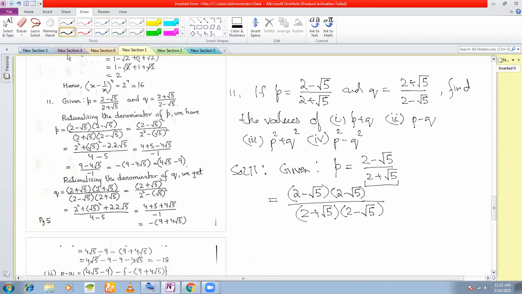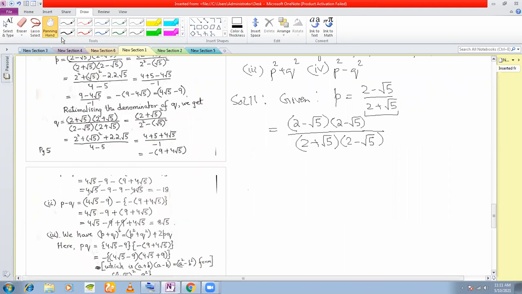Okay. So once we have multiplied the numerator and denominator by 2 minus root 5, in the numerator you get 2 minus root 5 whole square, divided by the denominator, which is a plus b into a minus b. You get 2 square minus root 5 square. So now simplify the numerator and denominator.